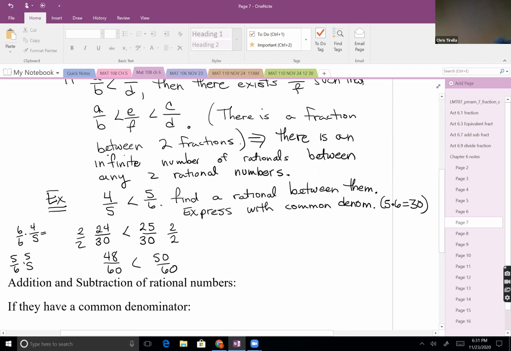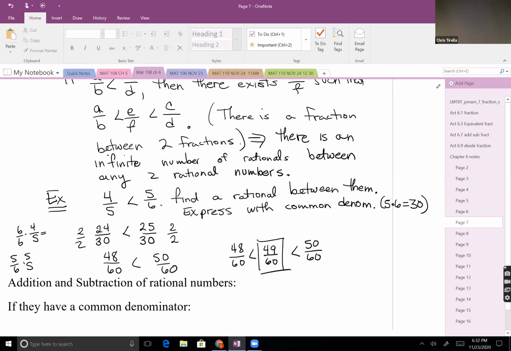And so what fraction could we put in between 48 over 60 and 50 over 60? Any ideas? Couldn't we fill that space in with 49 over 60? And so we were able to find a fraction in between the two by expressing them with a common denominator.